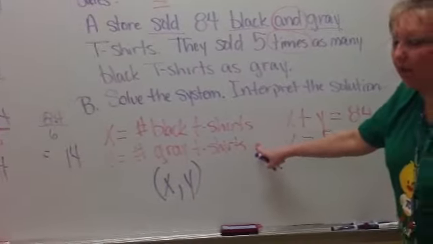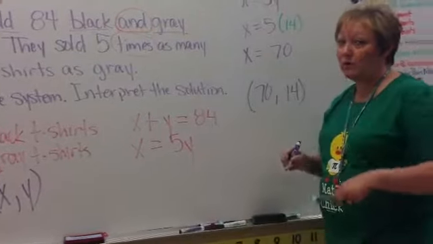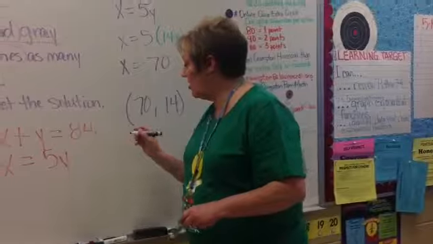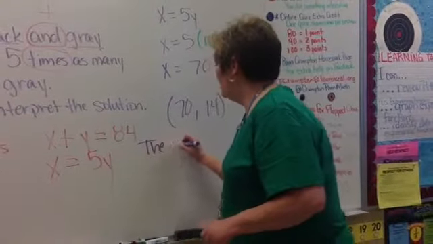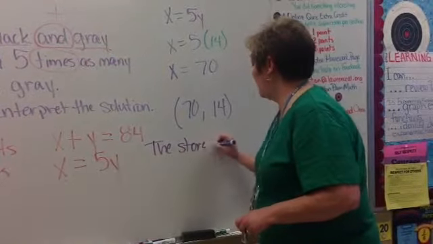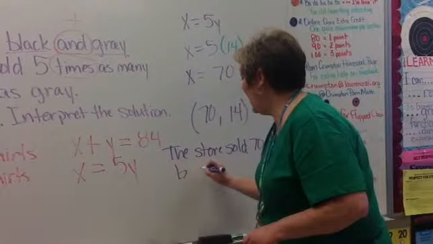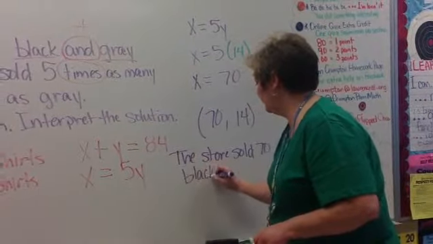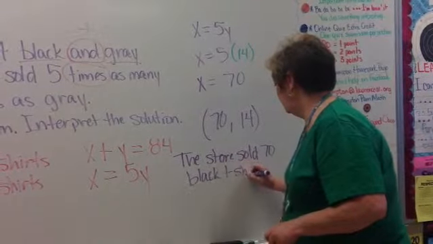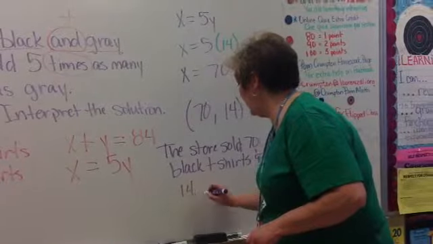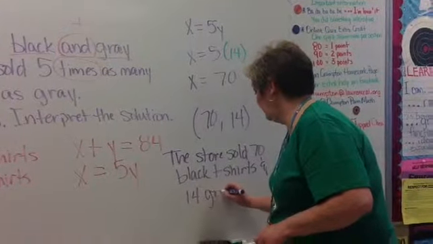Y is the number of gray t-shirts. So your interpretation here needs to be a complete sentence, and that interpretation is: the store sold 70 black t-shirts and 14 gray t-shirts.